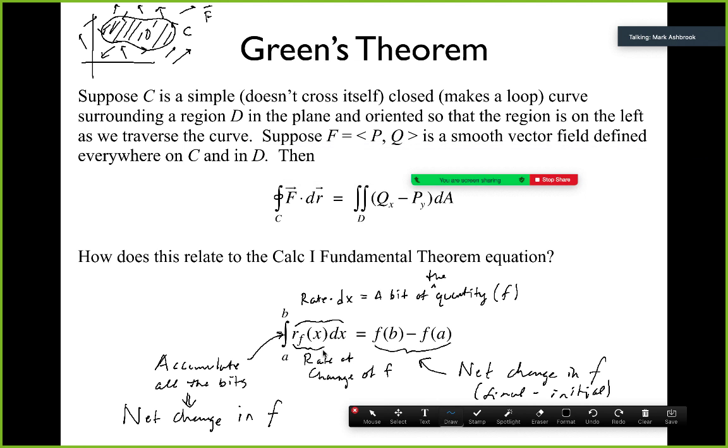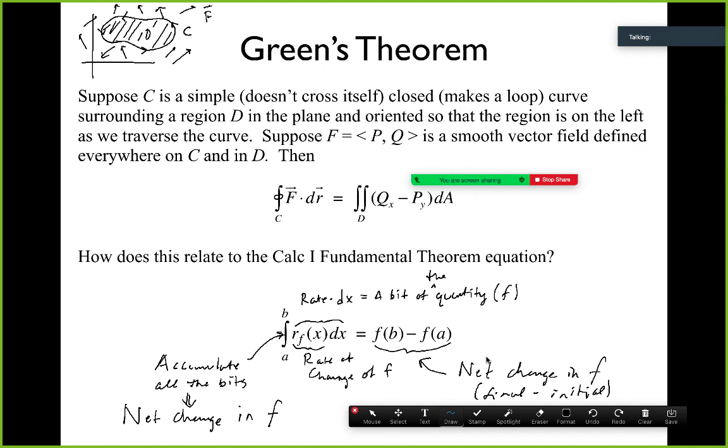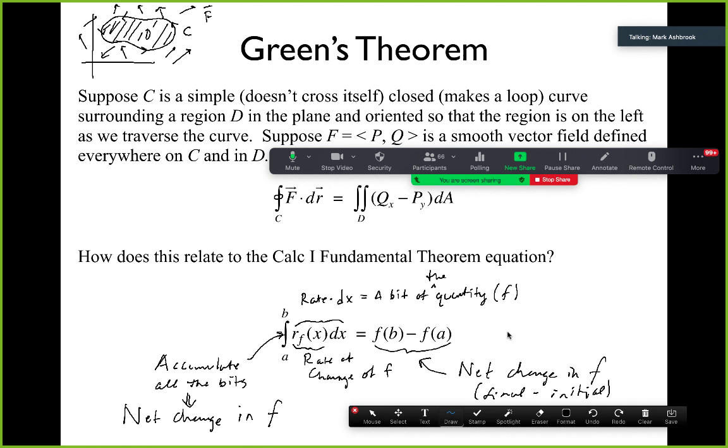The integral side is calculating it by summing up or accumulating little bits of the quantity f using the rate function. This side is just looking at the final value of f and the initial value of f and subtracting to get the net change that way. So that's an overview of the fundamental theorem.